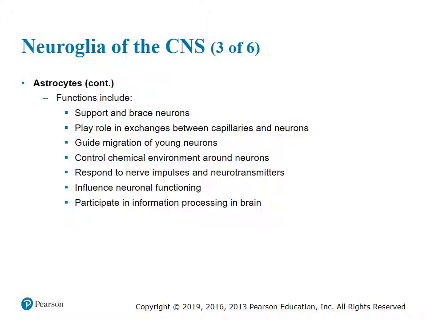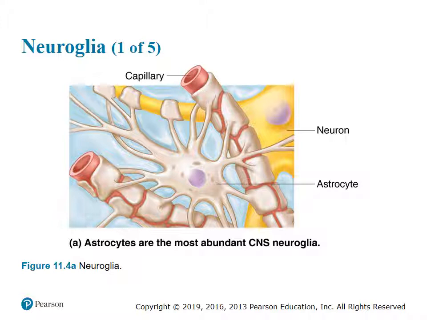They support, in fact, young neurons, right? So neurons that are just developing, astrocytes will kind of take care of them for a while. The chemical environment around neurons, astrocytes are responsible for that. We see those functions there. And here's figure 11.4a, a picture of an astrocyte, very large, star shape.